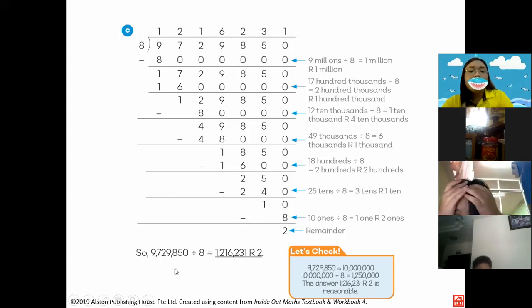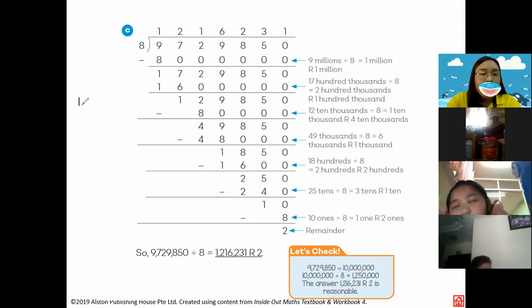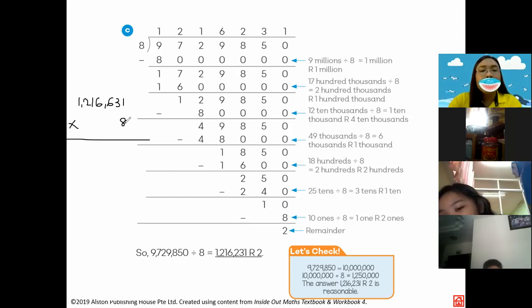All right. So let's check if our answer is correct. So we have 1,216,631 multiplied by 8. All right, so 8 times 1, that's 8. 8 times 3, that's 24.